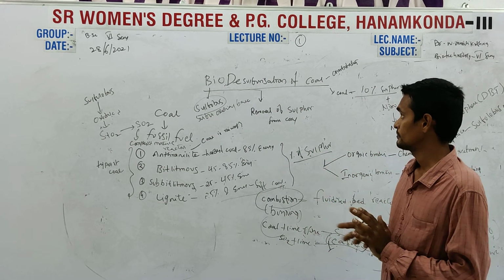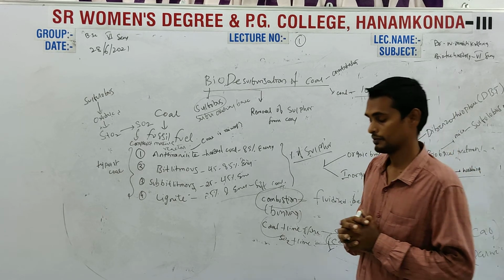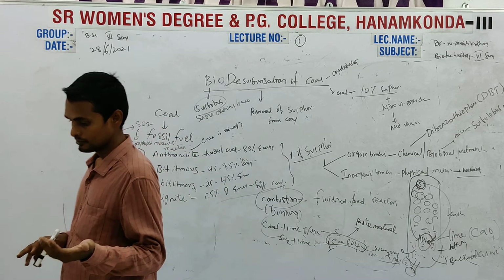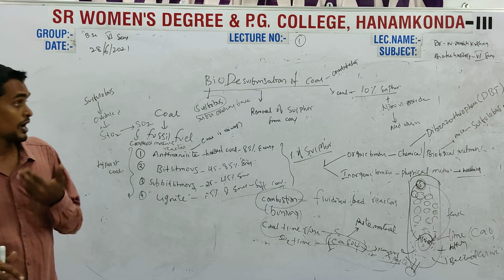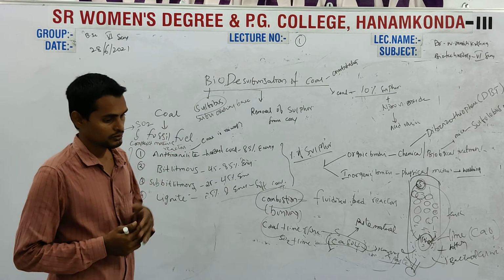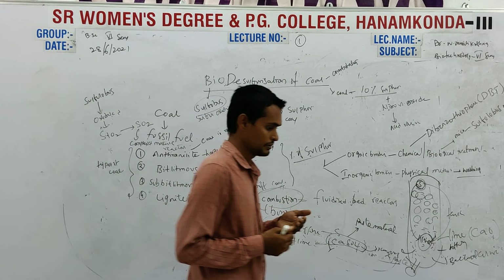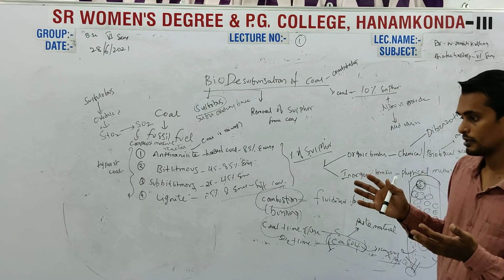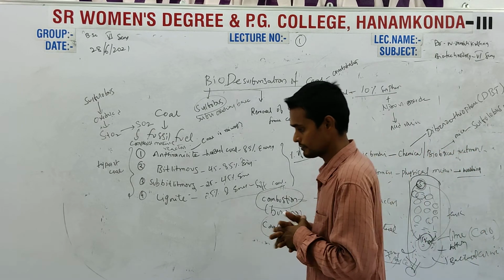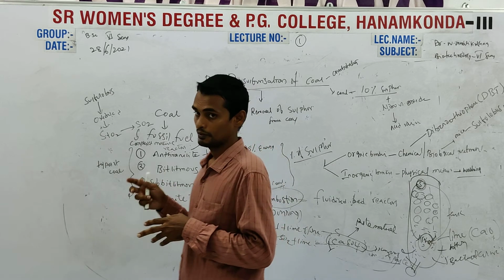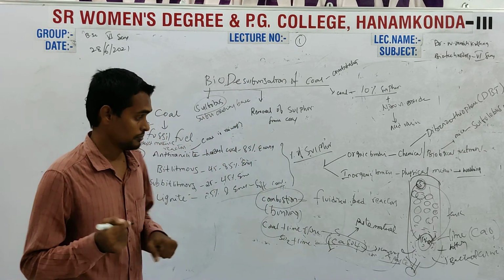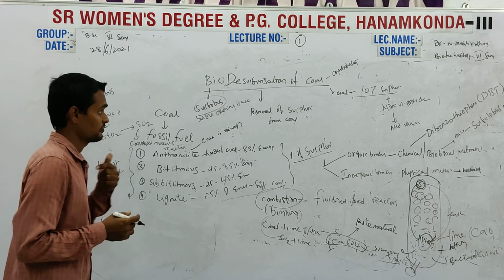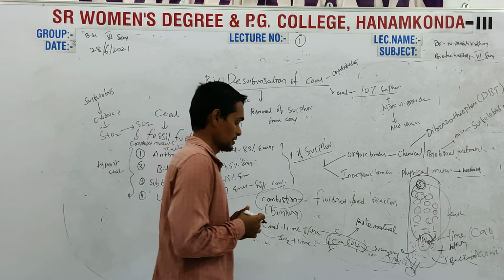So this is all about the biodesulfurization of coal. Likewise we have detoxification reactions, detoxification of pesticides, detoxification of waste material. In environmental biotechnology we learn about the methods which make the environment free from pollution.